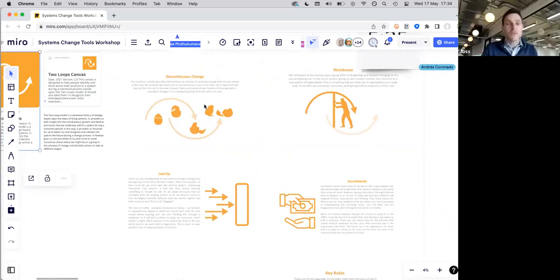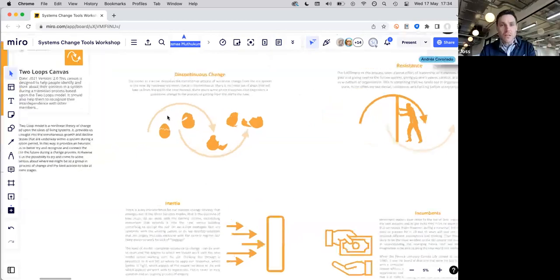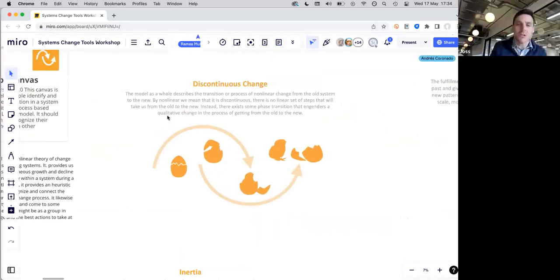Yeah, so there's some really interesting aspects about all of these three models, and I'd say the one for me, well, different dimensions to this one, that aspect of the simultaneous growth and decay I find very interesting, but also this discontinuous nature, the way there's no linear progression from one side to the other.